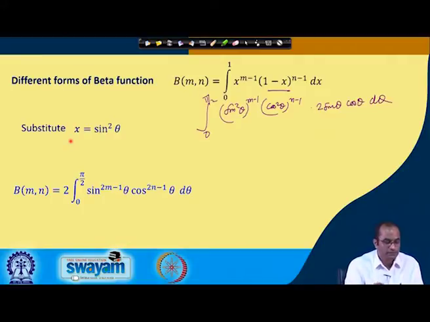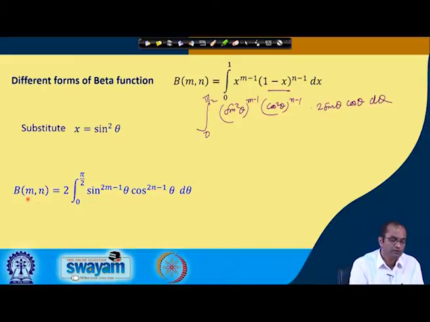So, we are getting here now 2 times sine power 2 m minus 1. This was square, so 2 m minus 2, but one sine is there. So, we have 2 m minus 1, and then the same thing here for cos power 2 n minus 1 d theta.